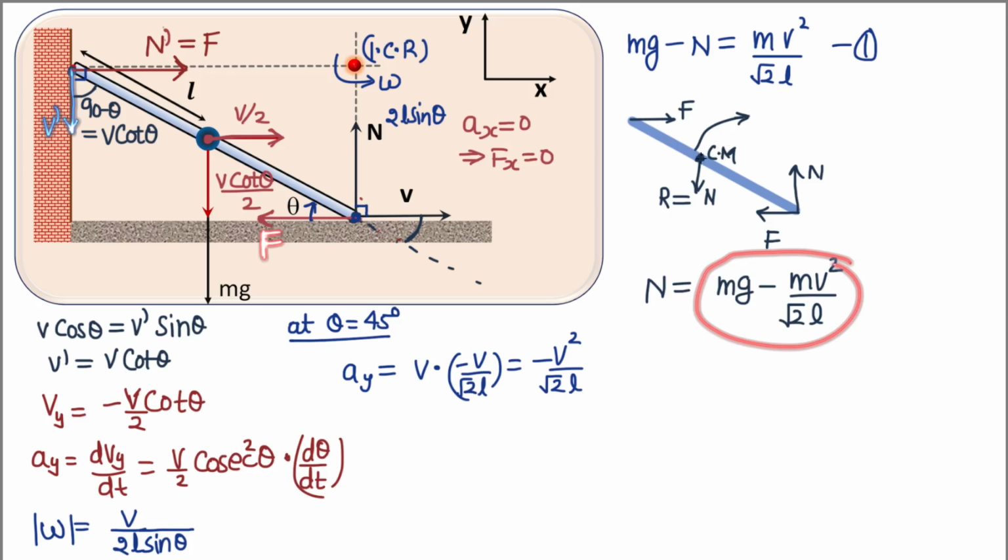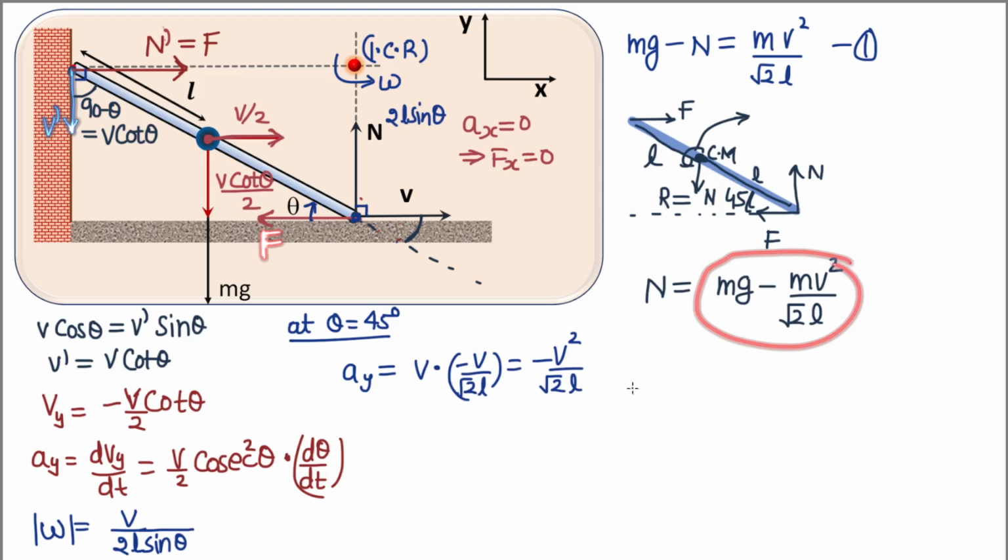So if I take the torque about the center of mass point, right? This angle was theta, and in this particular case, this angle theta was given as 45 degrees, right? So this is 45 degrees, and this length is equal to L, and this length is also equal to L. If we take the torque about the center of mass, you can see here that these forces F and F, they both are providing torque in the clockwise direction.